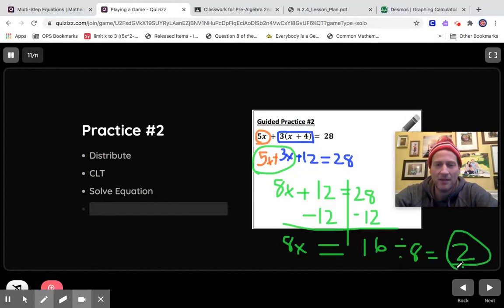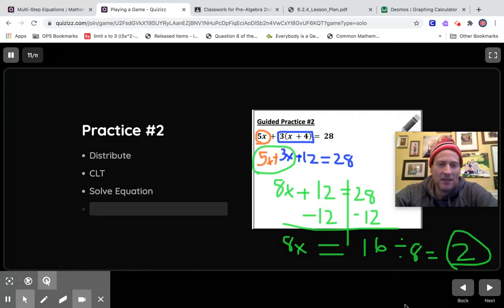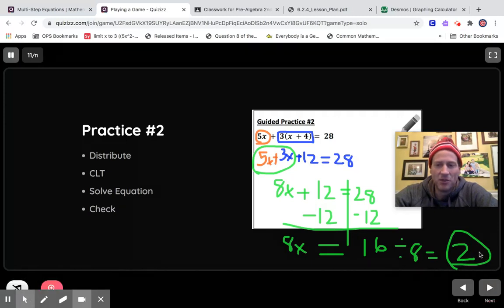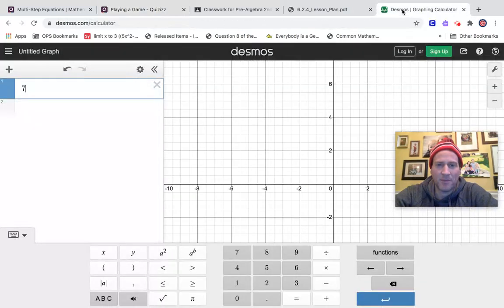Okay? All right. Last but not least, I'm going to put it all back in and check it. I'm going to put this 2 back into the original problem up here. So wherever I have my x, it's going to be 5 times 2 plus 3, parentheses, 2 plus 4, equals 28. So I can put that into my calculator here using Desmos.